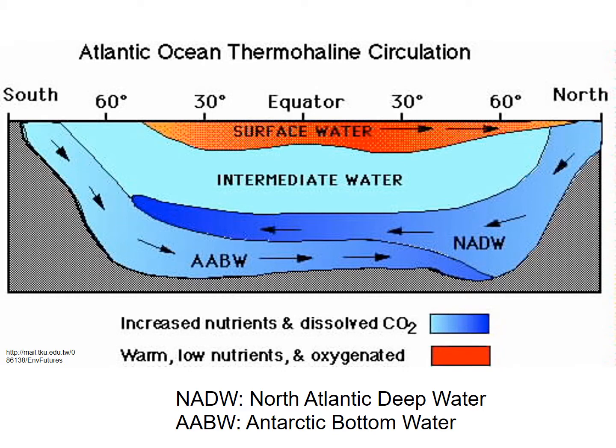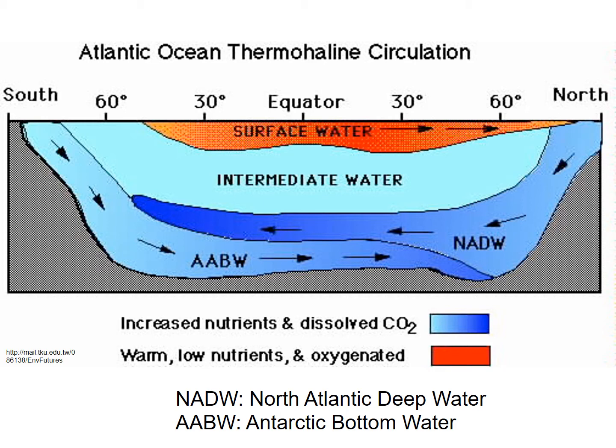So in this picture, you can see a cross-section of the Atlantic Ocean. To the left, we have Antarctica, the south, and we're going all the way up to the North Pole. Remember that in the north, the Arctic Ocean is an ocean, not a landmass. And you can see that the ocean is density stratified.